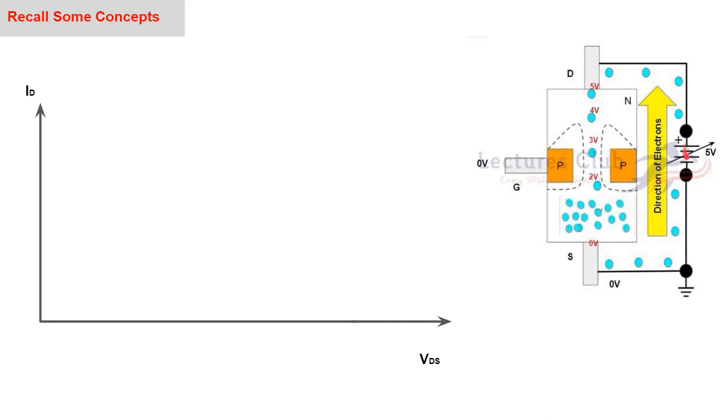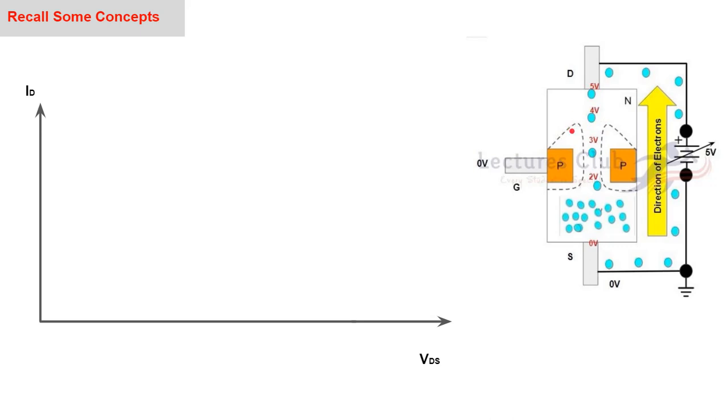So when we will change drain to source voltage, the potential difference between the drain and the gate is higher, and so the depletion region will further widen towards the drain, and depletion region will be lower between the gate and the source.